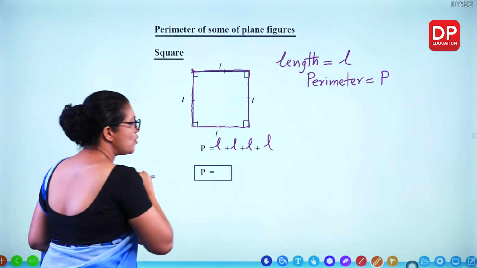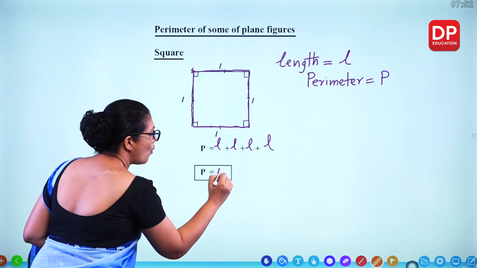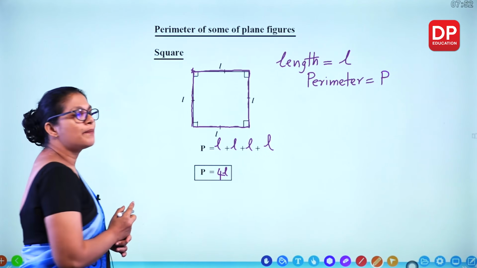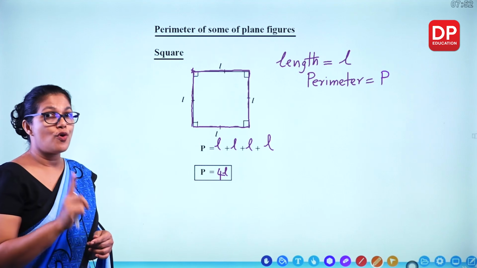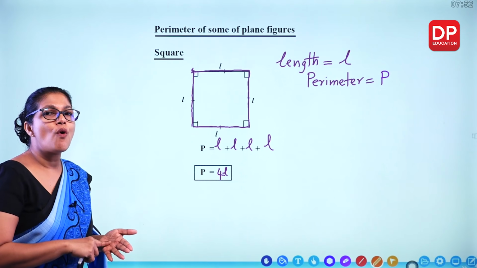L 4 times when you are adding, you get 4L. So the perimeter of the square, if you know one side is L, is 4L.